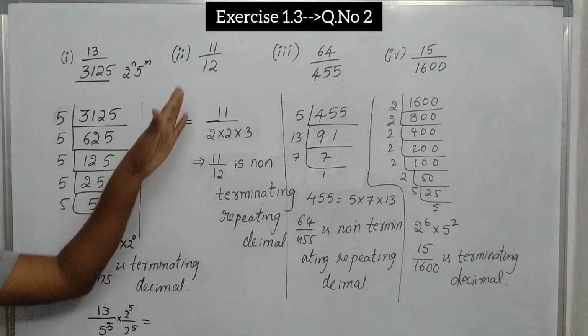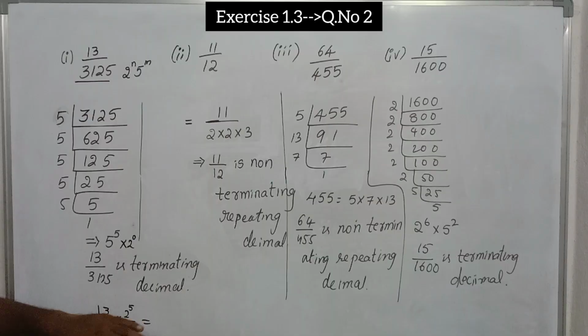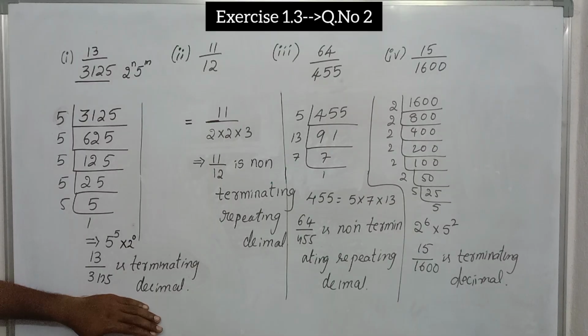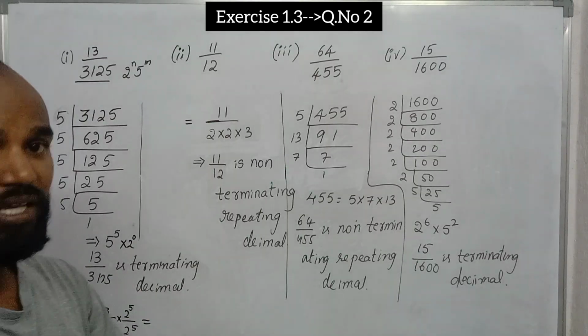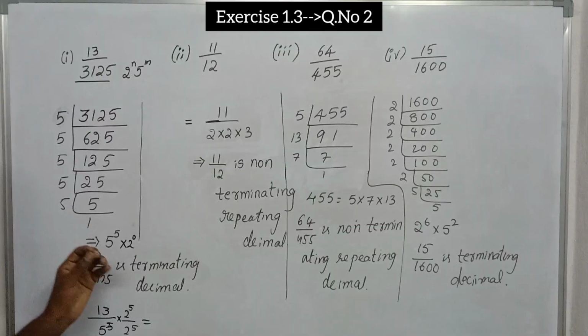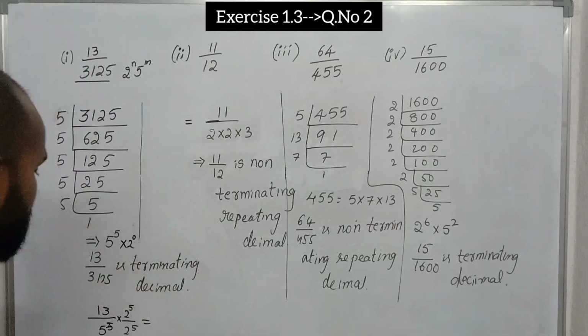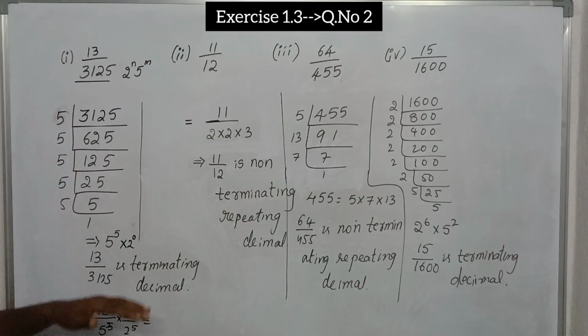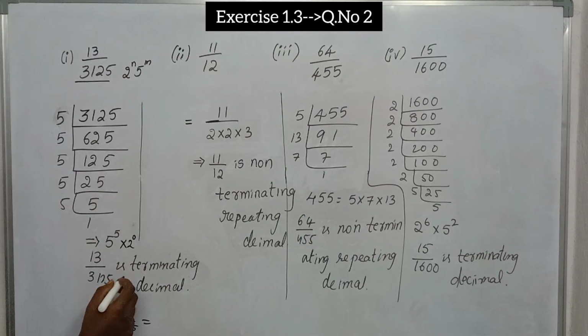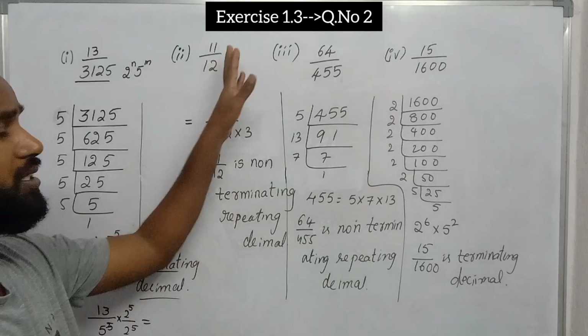But we are not going to solve this at all. The question is just asking to check whether they are terminating or non-terminating decimals. So I am just writing here: this is a terminating decimal. Let us move to the next question.